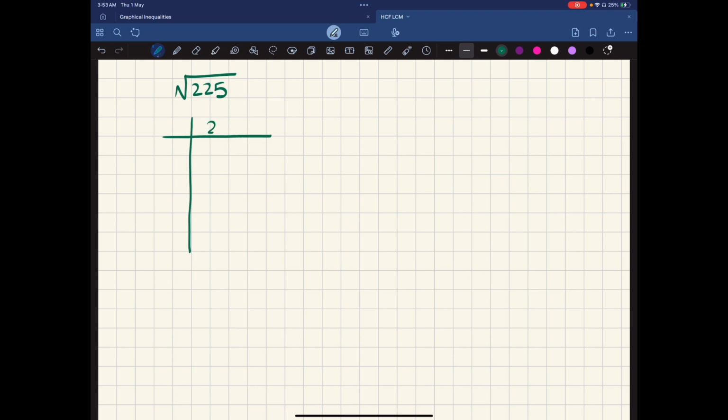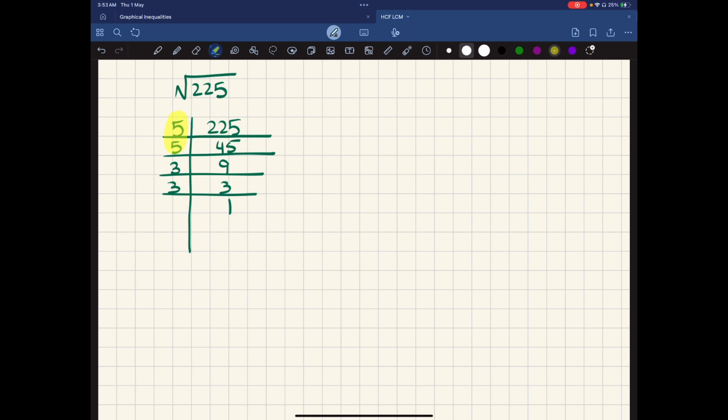So 225, we're going to divide it by 5, we get 45, then 5 again, you get 9, 3, 3, 1. Now because you're trying to find the square root, you're going to make pairs of 2.